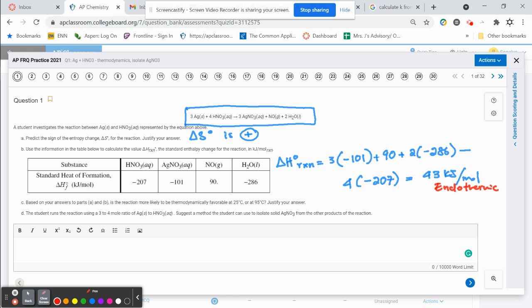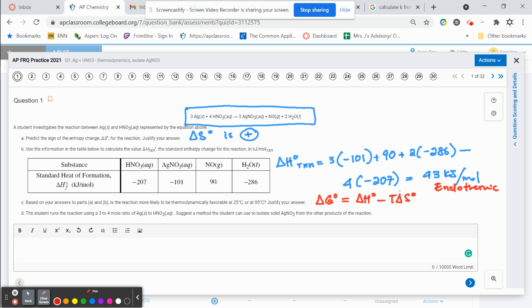So if you have a positive delta H and also a positive delta S, that means at a higher temperature in your equation for delta G is equal to delta H minus T delta S, this term is going to be more positive, right?